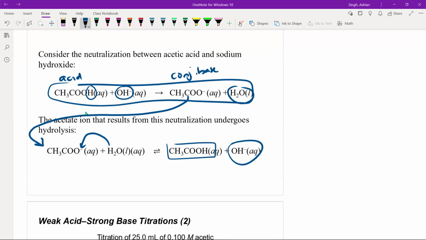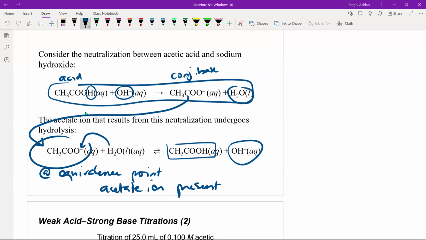So what this means then is that at the equivalence point, when we only have the acetate in solution, because it's an aqueous solution, it will react with water to produce the acetic acid, and then we also get the hydroxide.